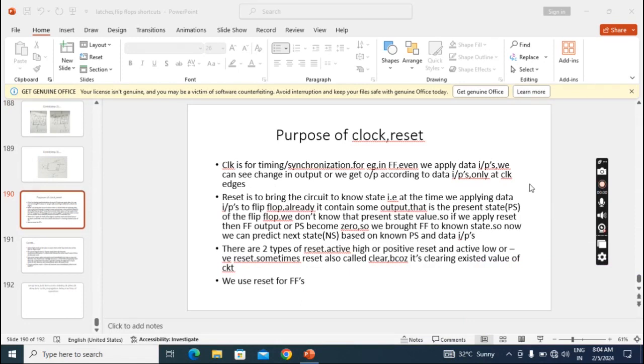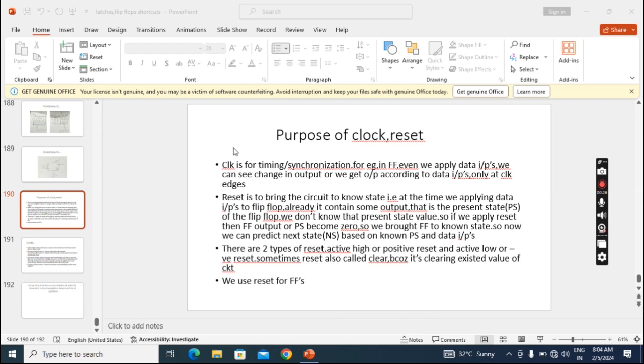In this lecture we'll discuss clock and reset, the purpose of clock and reset, and with respect to reset we will also discuss active high or positive reset, active low or negative reset, and we'll also discuss synchronous reset and asynchronous reset. Okay, first we'll see about clock.